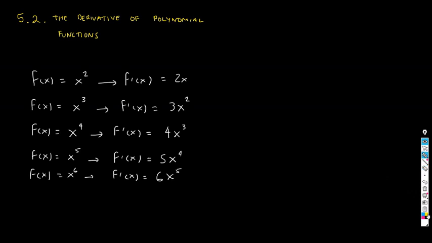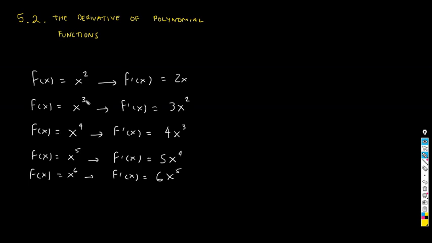If we have a function of this type, x to the something, when that something is an integer, then its derivative is that exponent. In this case, the exponent is 3, x to the 3, and its derivative will be 3, the exponent that we had before, times x raised to 1 less than the exponent before.